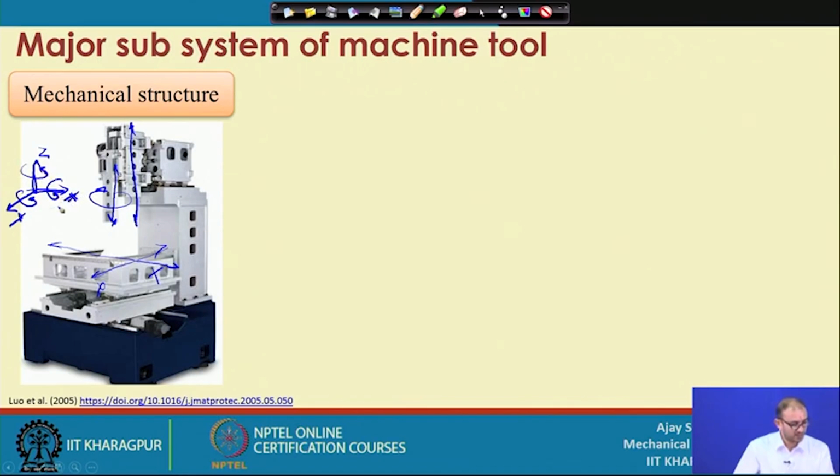Rotation around the x axis is called the a axis, rotation around the y axis is called the b axis and rotation around the z axis is called the c axis. So, many times a machine has 6 different rotation and translation motions, so that any complex component can be machined even at a micro scale level.